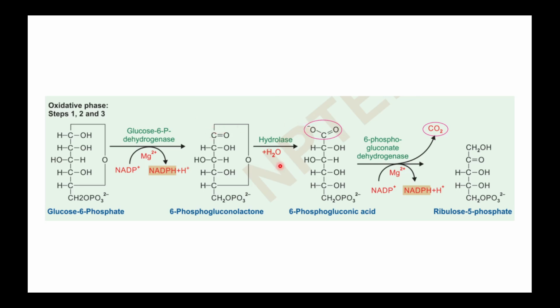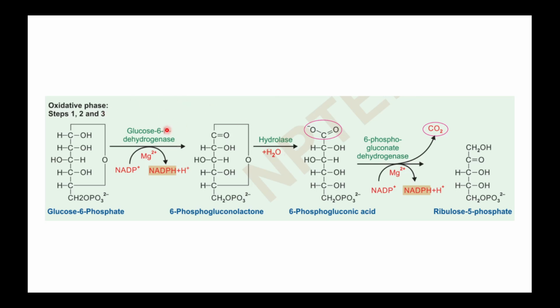So H2O plus is added, and you have one OH here, and we have one H added here. Okay. So hydrolase does the hydrolysis reaction, addition of H2O breaks the ring, and it forms 6-phosphogluconic acid.